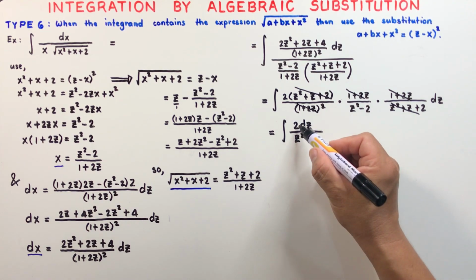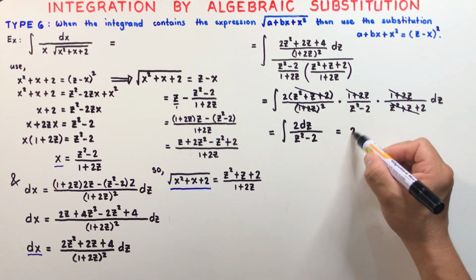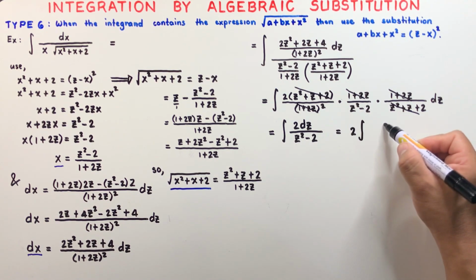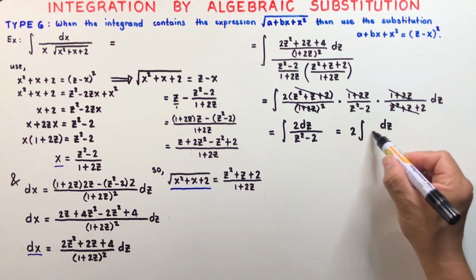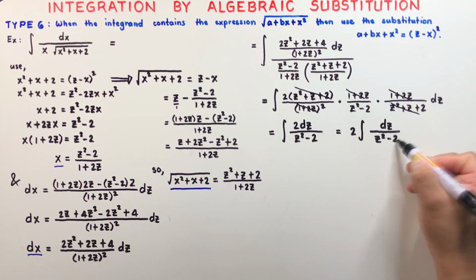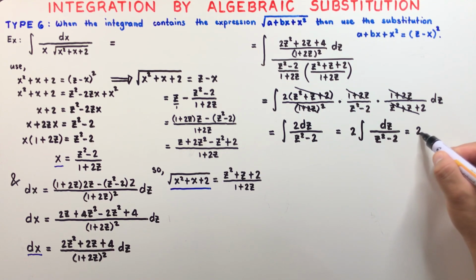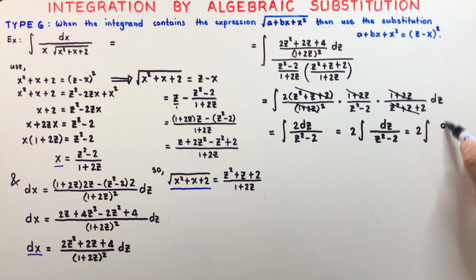And factoring these 2 outside the integral symbol, we have this 2 times the integral of dz over this z squared minus 2. But the denominator can be expressed as a difference of 2 squares. So we have 2 times the integral of dz over the square of z and the square of the square root of 2.